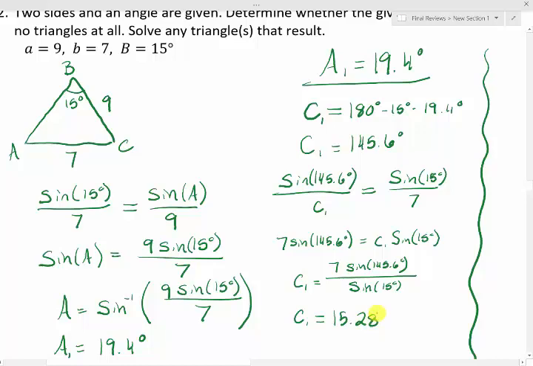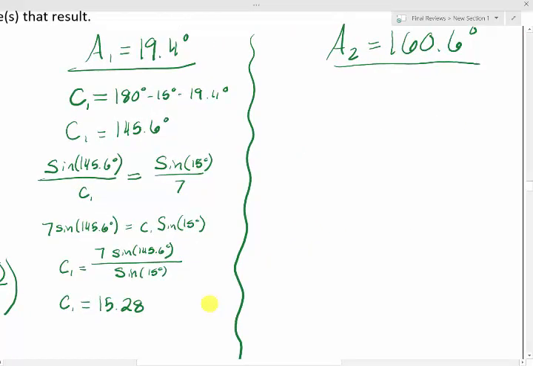So then all we have to do is these two steps, find angle C and side C, but for A sub 2. So my C sub 2 is equal to 180 degrees minus 15 degrees minus A sub 2, 160.6 degrees, which will give me my C sub 2 equal to 4.4 degrees.